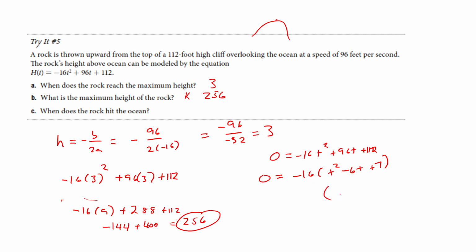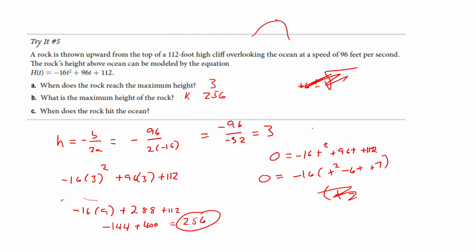I believe this can then be factored. No, it can't. I was hoping it could make it a lot easier. So I'm just going to do the quadratic, with negative b plus or minus the square root of b squared.